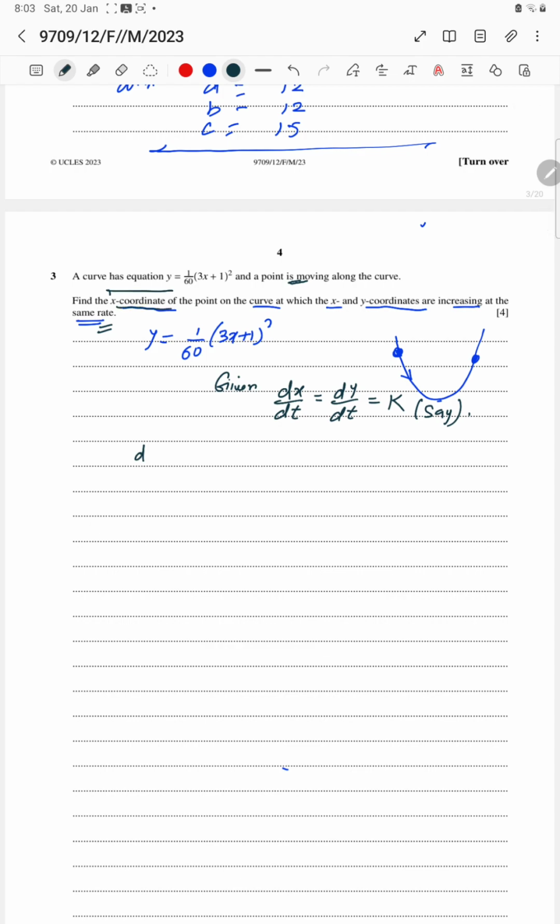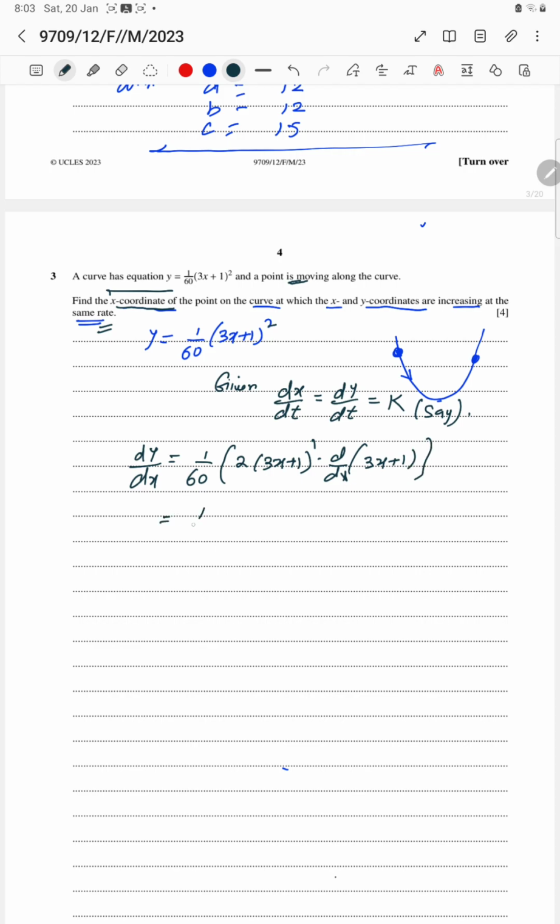For dy by dx, you need to differentiate it, and the power rule will be applied here. We get 2 and make the power 1 less, and third step, differentiate the function whose power we had.